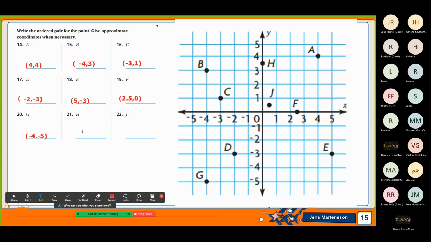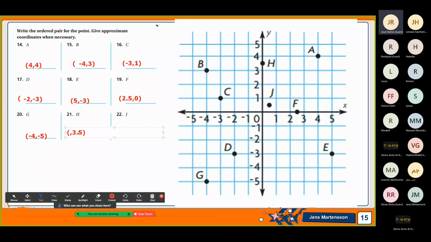Number 21 with Julie. But teacher, I answered. This is the second turn. Okay, H was the only one I didn't answer. Okay, I'm going to try. So H is 3.5, right? 3.5 is on the y-axis. What about the x-axis?